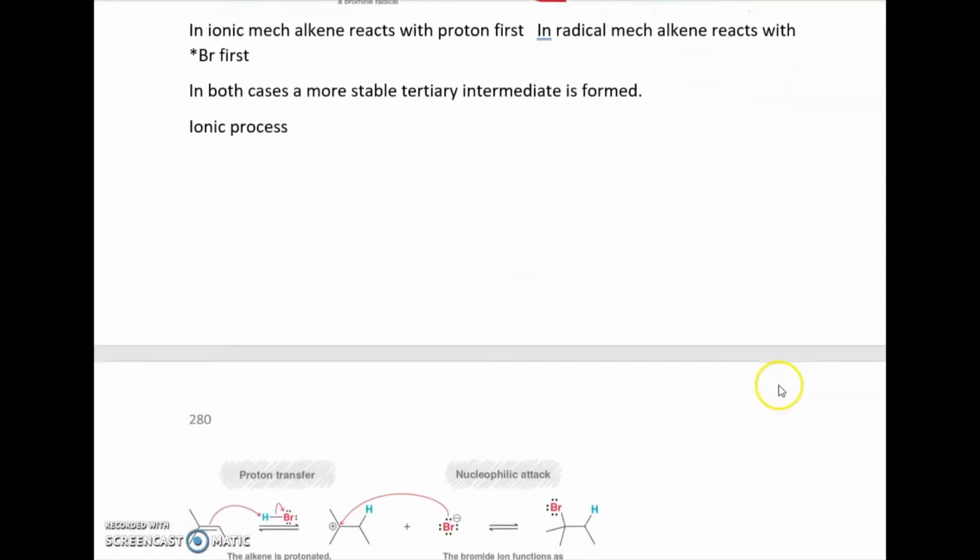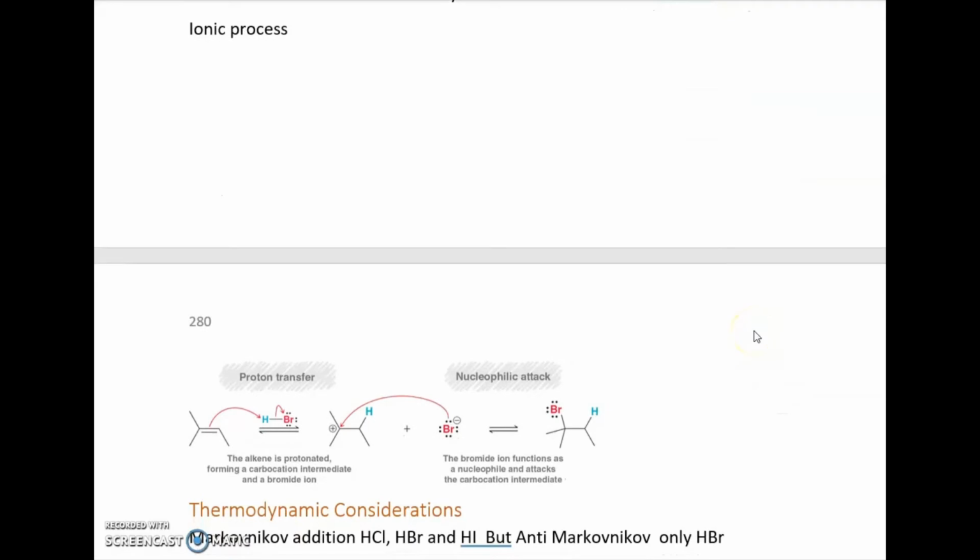Let's look at the other process and just remind ourselves what happened in the ionic process. Here, the pi electrons attacked the hydrogen, and we were left with a carbocation intermediate. And we wanted this hydrogen because it's added first to go to the less substituted position. And the bromine then goes to the more substituted position.